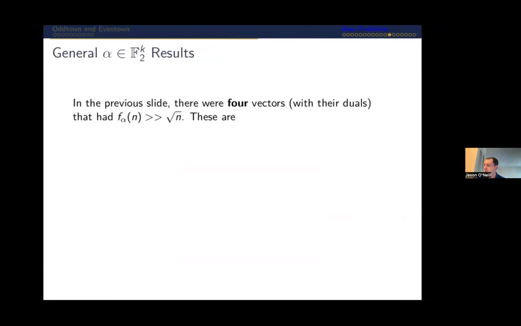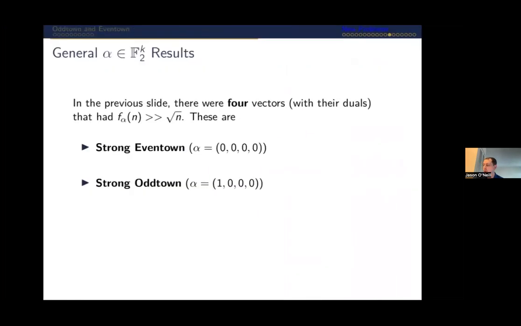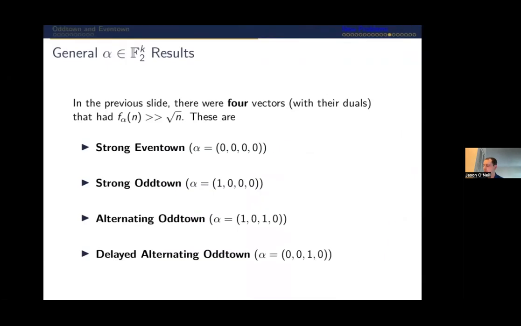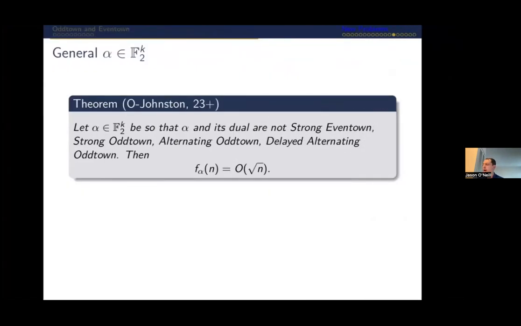Okay, so the 4 vectors that you can get anywhere close to much larger than the square root of n are going to be strong eventown, strong oddtown, alternating oddtown, and what I call delayed alternating oddtown, because you sort of have 2 zeros and then you alternate between zeros and ones. Okay, so we showed that only those vectors are going to have a linear size construction.